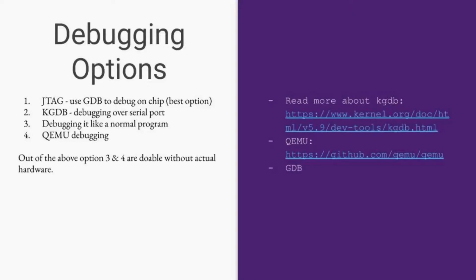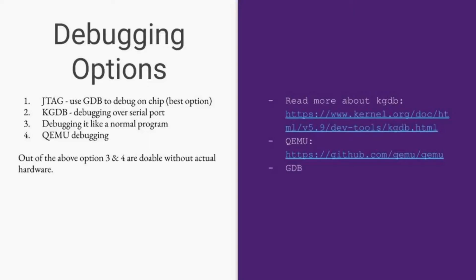But we do have other options. For Linux, there is KGDB, which is debugging over serial interface, but that also requires access to actual hardware. But then we have two other options. We have debugging like a normal program, where, whether you're working with the Linux kernel or with an RTOS, you can usually compile the system for your PC and run it as a normal application.